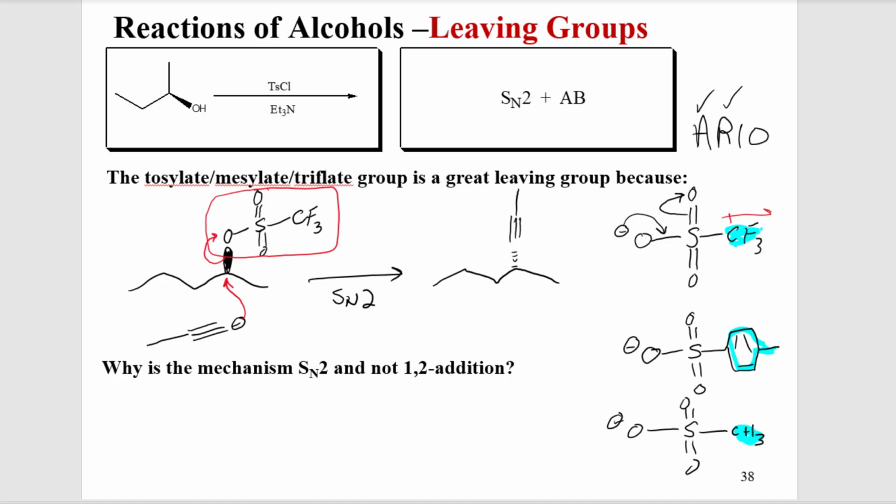CF3 is an electron withdrawing group. And electron withdrawing groups nearby to a negative charge are good. They help stabilize, right? The benzene ring can also be considered, well, I'd say a weak electron donating group. It could be electron withdrawing depending upon how it is organized, given the fact that it is conjugated.